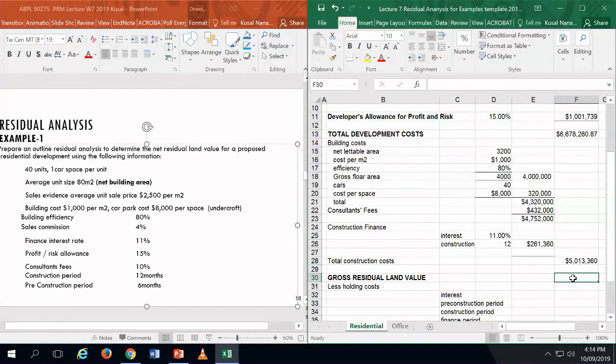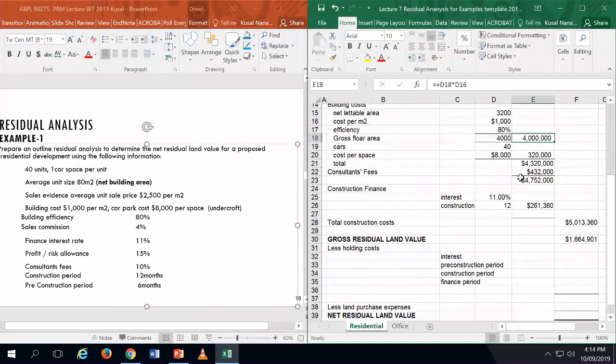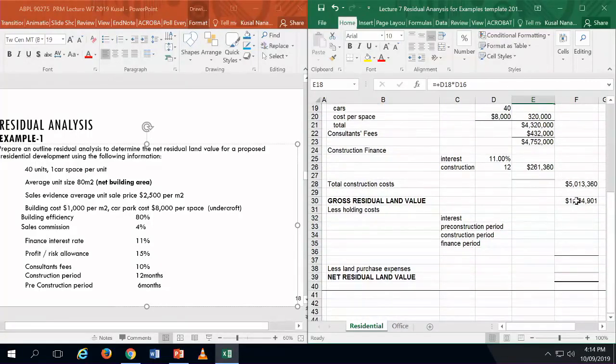What's included in total development cost? Total construction cost plus total land cost. Right. Now we have calculated the total construction cost. If we subtract total construction cost from total development cost, you'll get the total land cost, which we call the gross residual land value. Right? It's the gross residual land value. Now, what is in this gross residual land value?